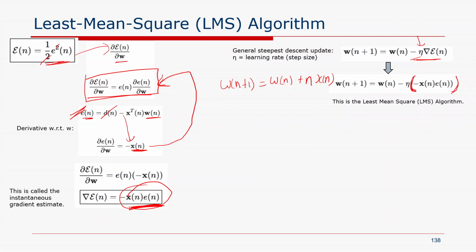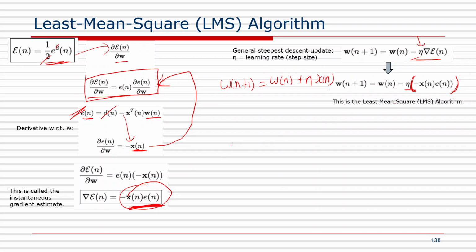Therefore, we multiply by this learning rate value. The learning rate is something we as users can fix when we are training the model. It only tells us what portion of this particular term, that is minus x of n and e of n, I should use.